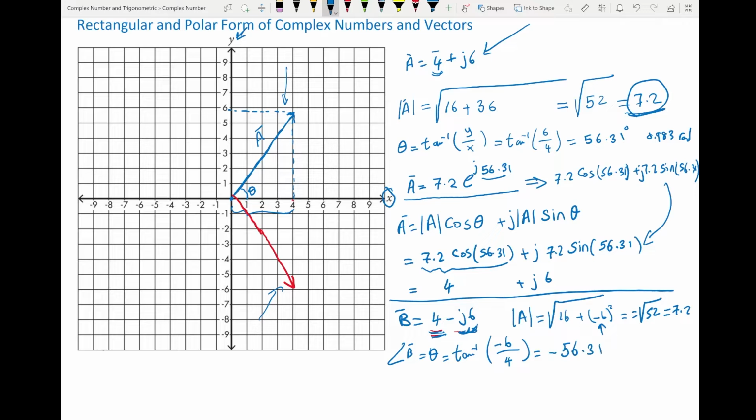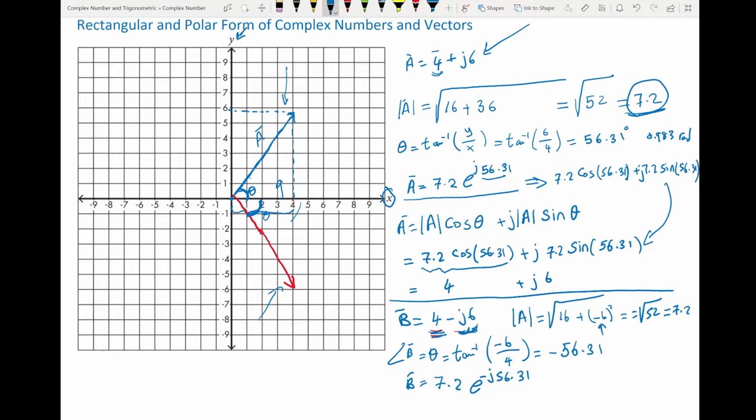That will be this angle, which is the same as this angle here, theta, except this is positive because the angle is above the x-axis. This angle here is negative because it's below the x-axis. And if I express this in polar form, it will be 7.2 e^(-j56.31).